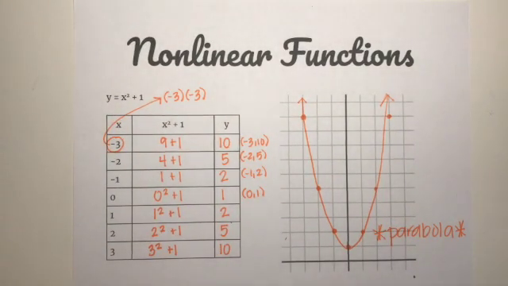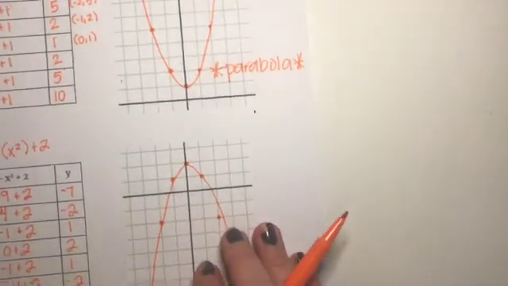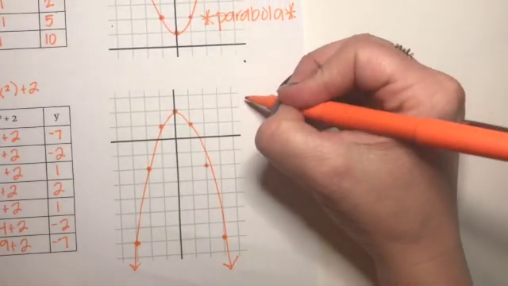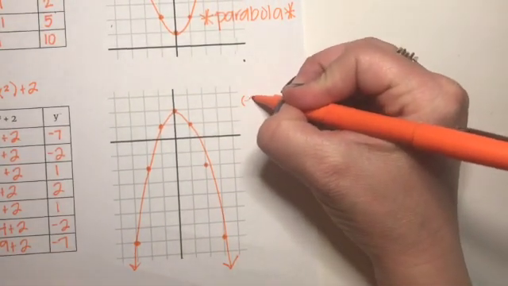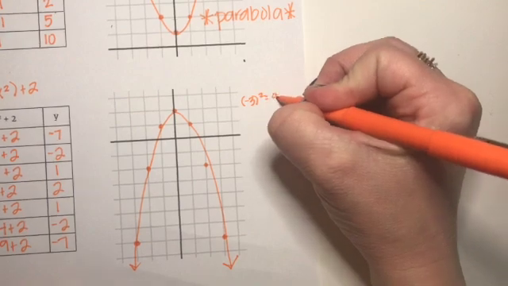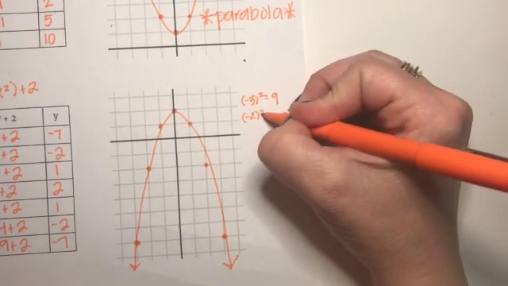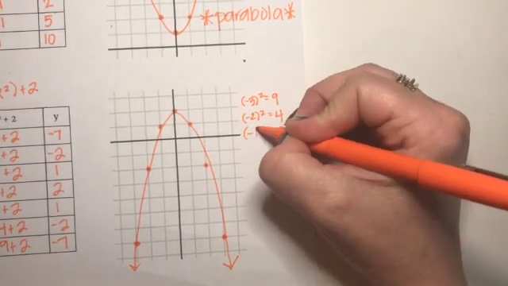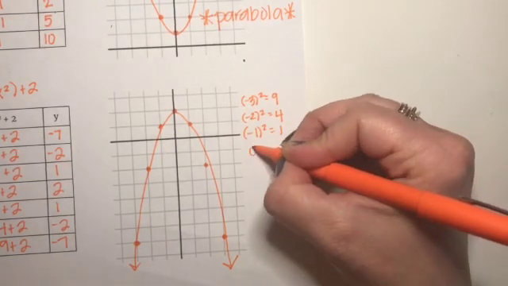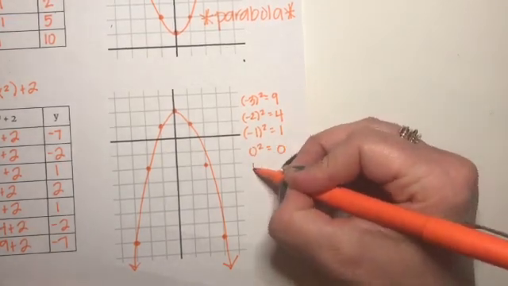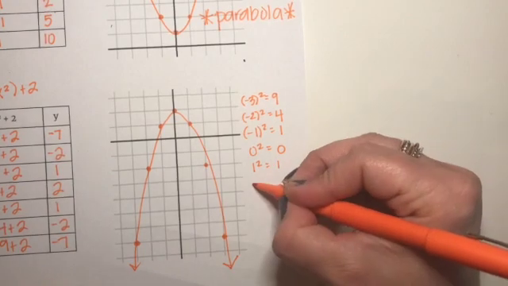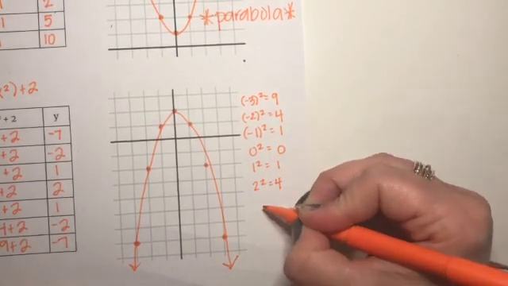And really quick, if it helps, let me just write this out, and if it does help, great, and if not, that's okay too. If we have -3 squared, it's always 9. -2 squared is 4. -1 squared is 1. 0 squared is 0. 1 squared is 1. 2 squared is 4.